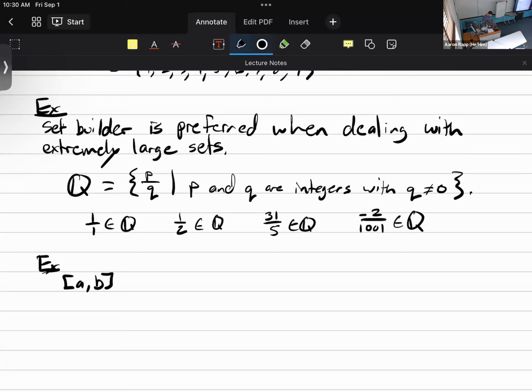We go back to interval notation. How would you define this interval with these square brackets, the square bracket A comma B square bracket? Just describe what's in there.